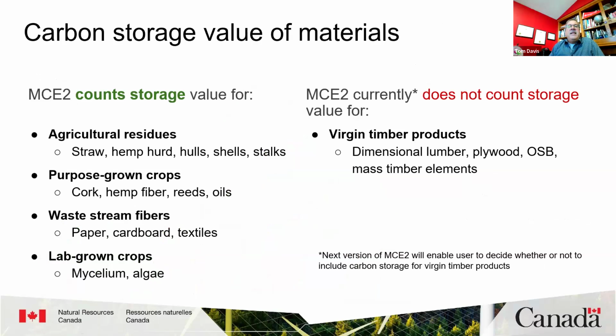Rules for creating EPDs do not require that biogenic carbon be counted. So not every EPD for a product with biogenic carbon will include these data. And MCE squared factors for carbon storage have been added for products that contain biogenic carbon but do not declare it in their EPDs. They didn't put their best foot forward, right?